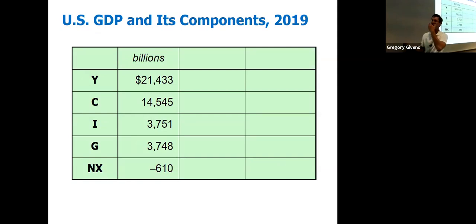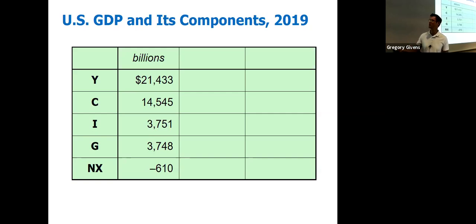That's the most recent year with complete annual data. GDP in 2019 was close to $21.5 trillion. Consumption spending made up about $14.5 trillion of those dollars. Investment was $3.7 trillion, which was about the same as government spending, and net exports was negative $610 billion.